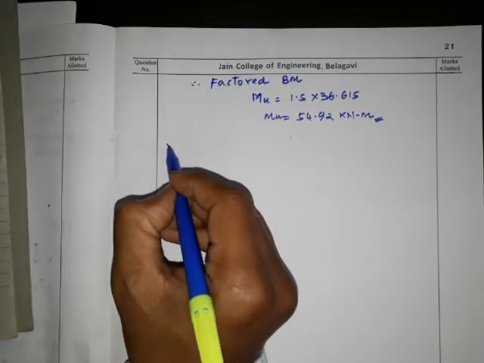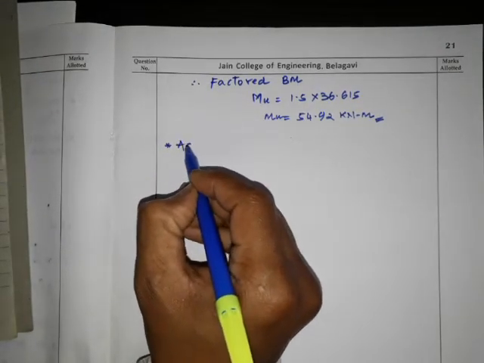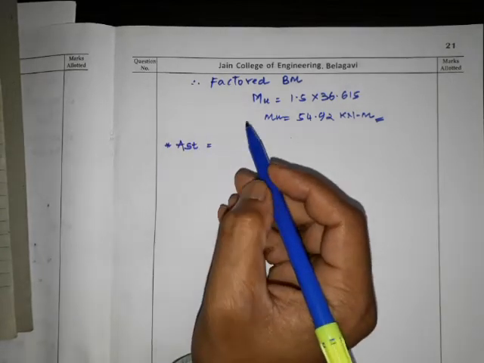So now next is area of steel, that is Ast. So we have to find out Ast.